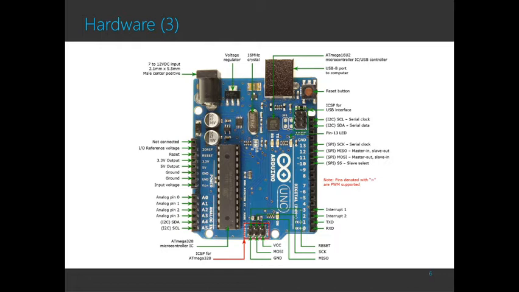Okay, so you can see there the pins that support the PWM are identified with this tilde symbol, and those are, for instance, 9, 10, 11.